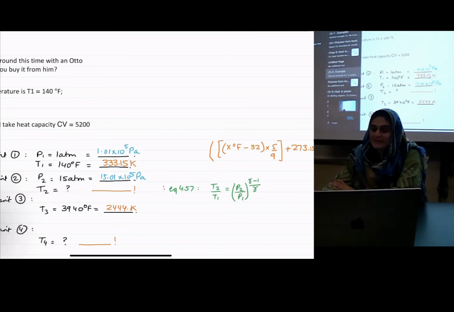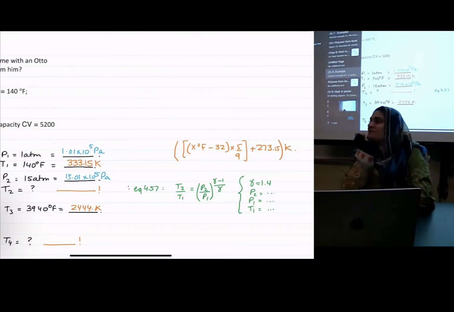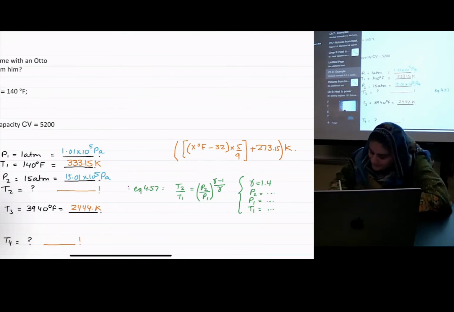What is gamma that's given? 1.4. What is P2 and what is P1? And what is T1? We're given stuff, right? Can we plug them in to find T2? Okay, somebody tell me the answer. 720.3. Okay, so T2 is 720.3.